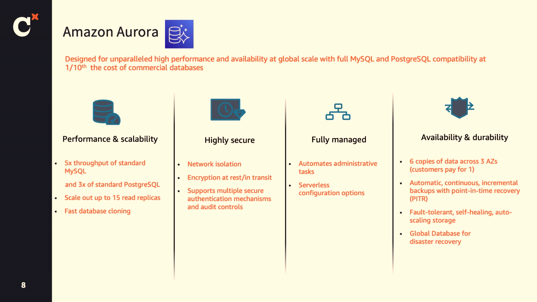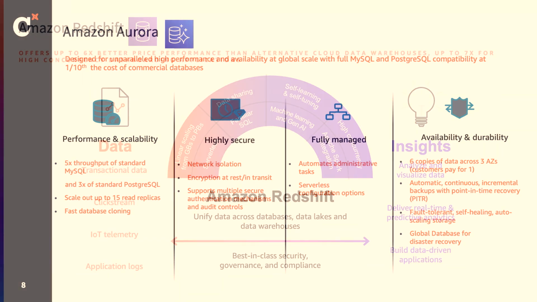It offers the speed and availability of a commercial database combined with the simplicity and cost effectiveness of an open source database. Aurora offers MySQL and PostgreSQL compatibility, so you can bring your own applications and also the ecosystem and tool set that you have around MySQL and PostgreSQL. It's a fully managed database. Aurora is used by hundreds of thousands of customers, so it's a pretty popular database.